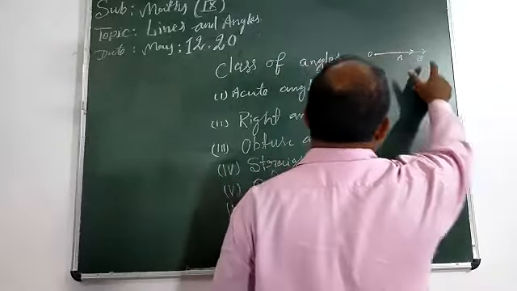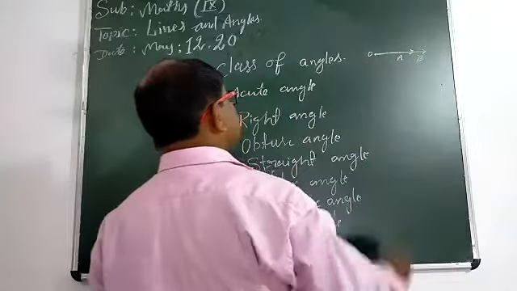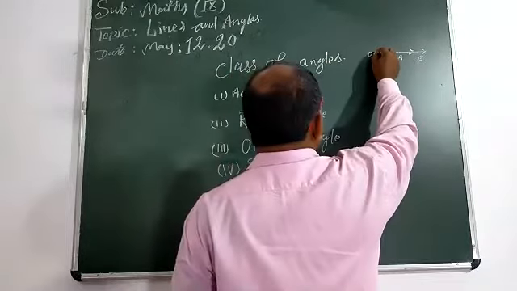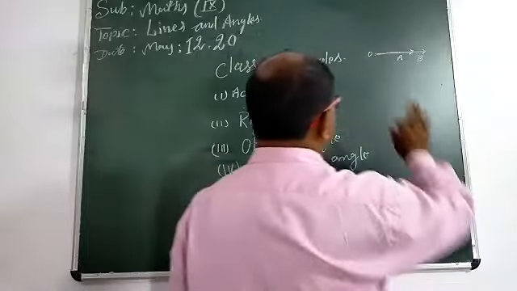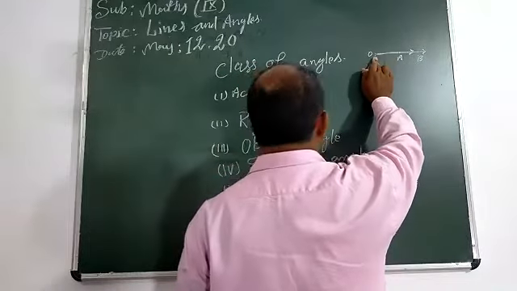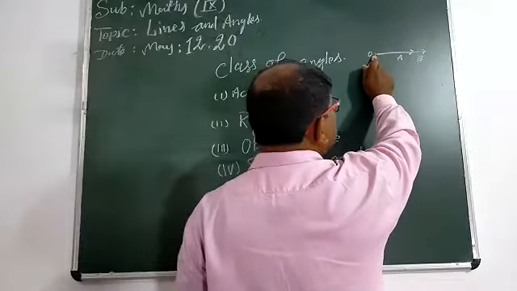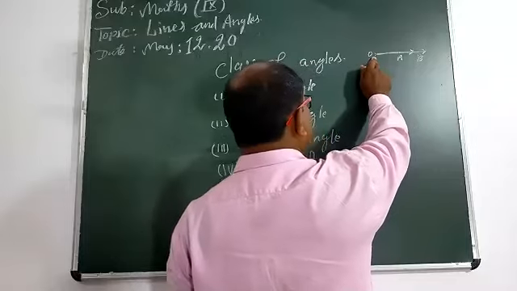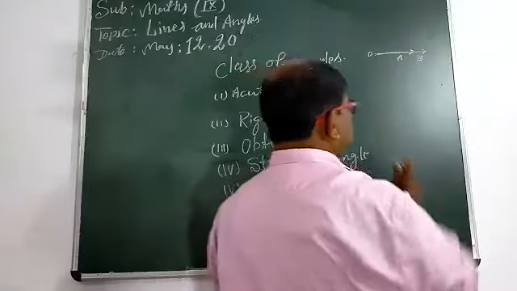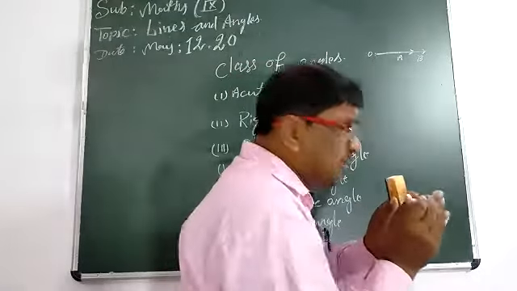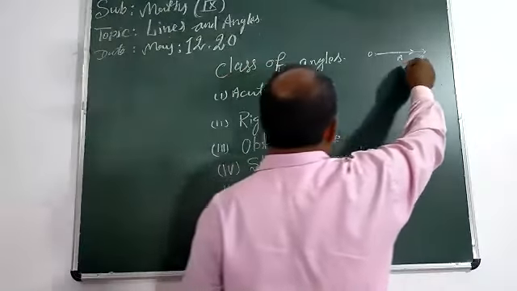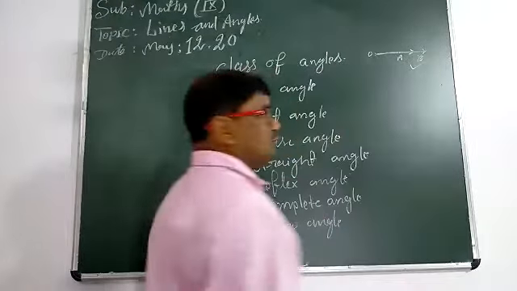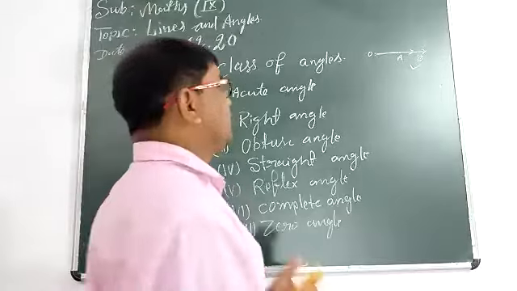Second is OB. Okay? Students, no inclination between them. These two rays have the same initial point, but no inclination between them because they are coincided. So this type of angle, you can say zero angle.